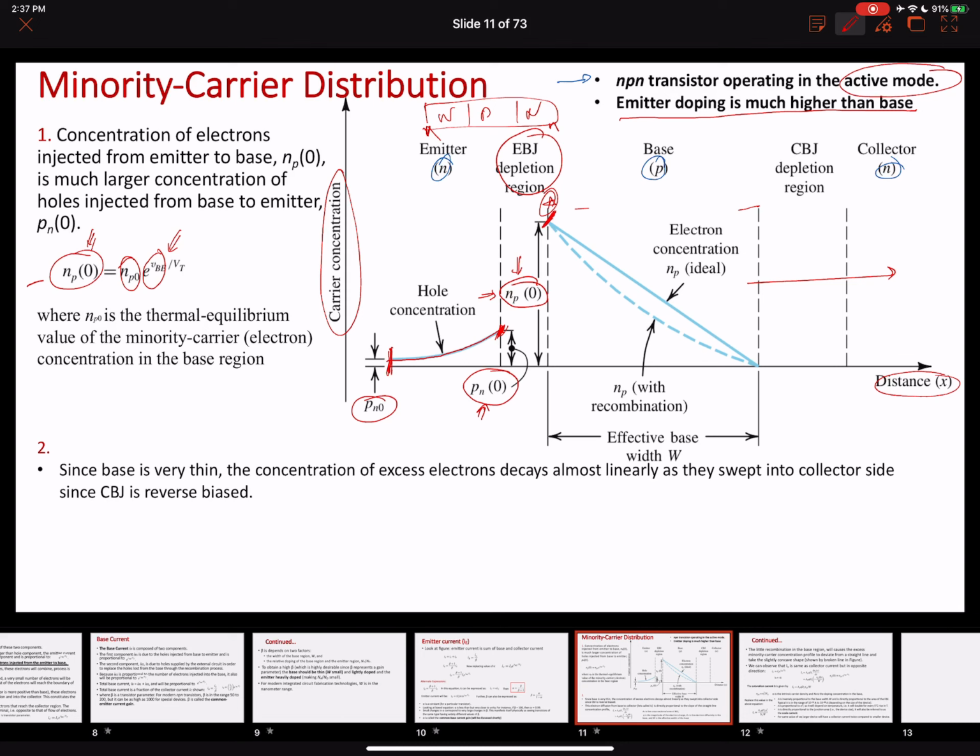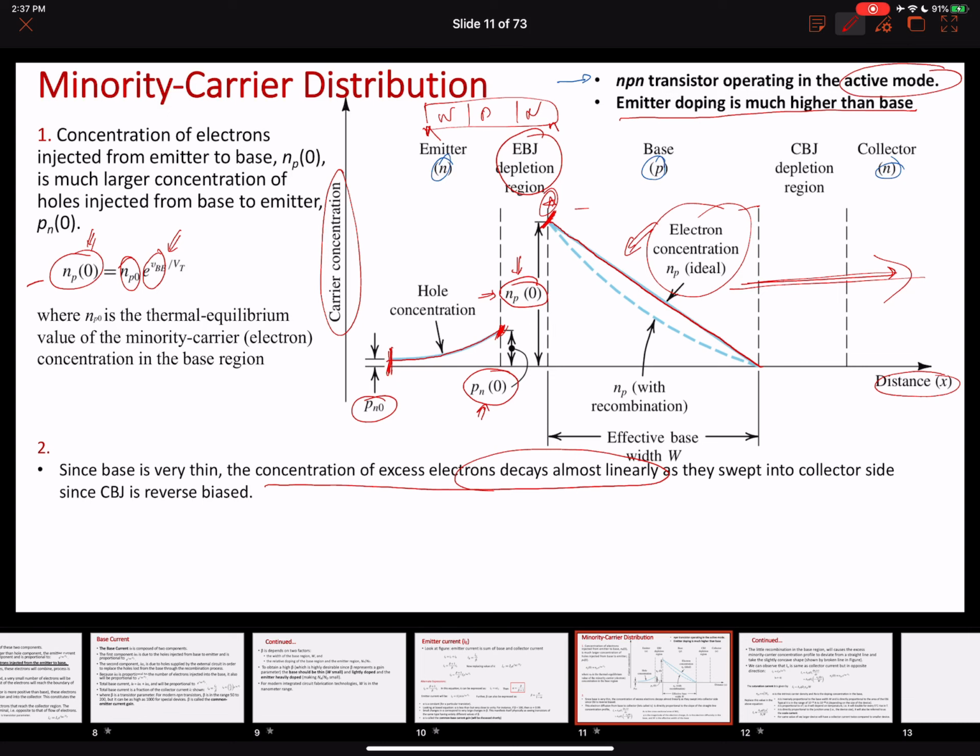So the concentration of these electrons will decay linearly. Ideally, the concentration of these electrons will decay linearly in the base region, as these electrons are constantly being swept across the collector to base junction because of the reverse biasing of that junction. However, this linear decrease in the electrons in the base region is an ideal profile.